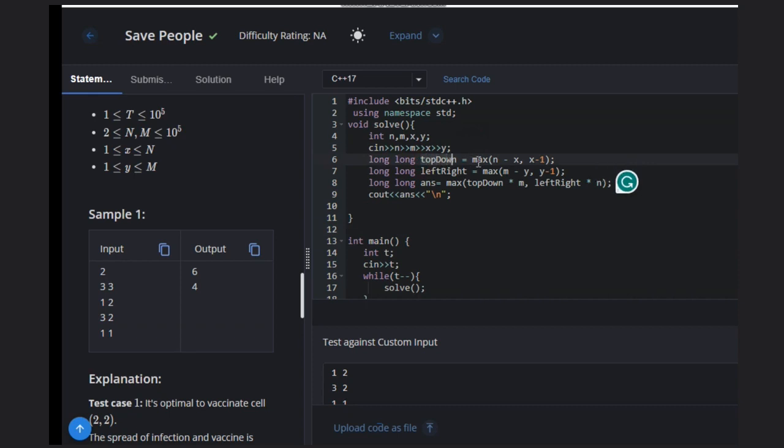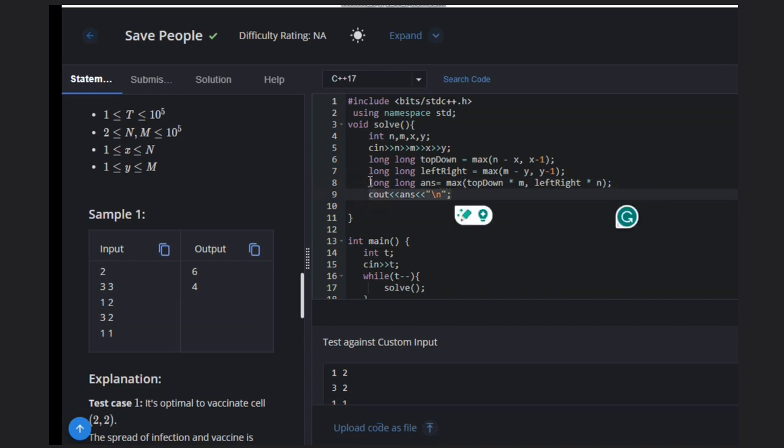Top down will be the maximum of n minus x, comma x minus 1, and left right will be the maximum of m minus y and y minus 1. Then you need to calculate the answer. The answer will be the maximum of top down cross m and left right cross n. Okay, and you can print your answer.